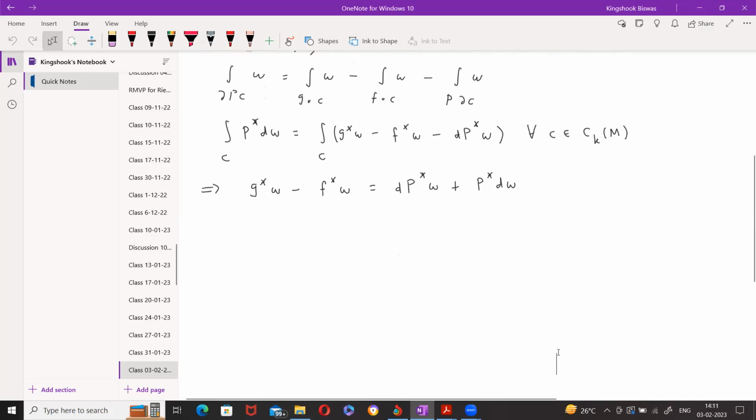And so this leads us to two applications of this formula. Let me call this formula star. So there are two applications. The first one was Cartan's formula that we saw last time.